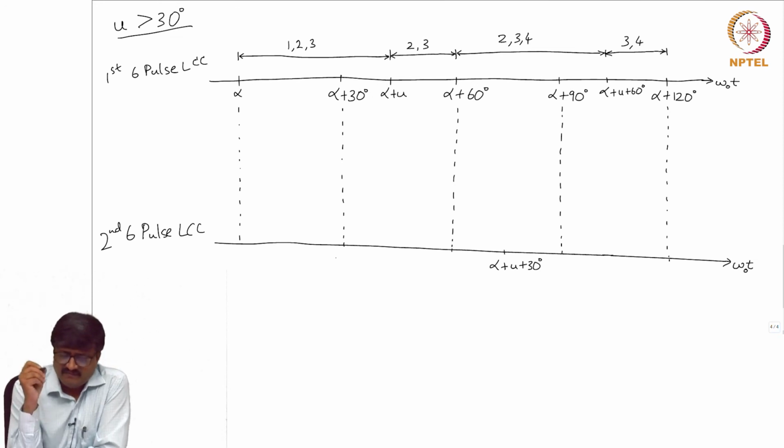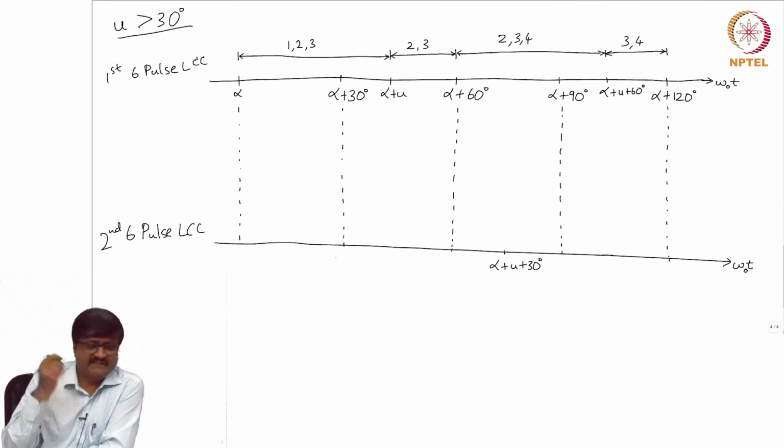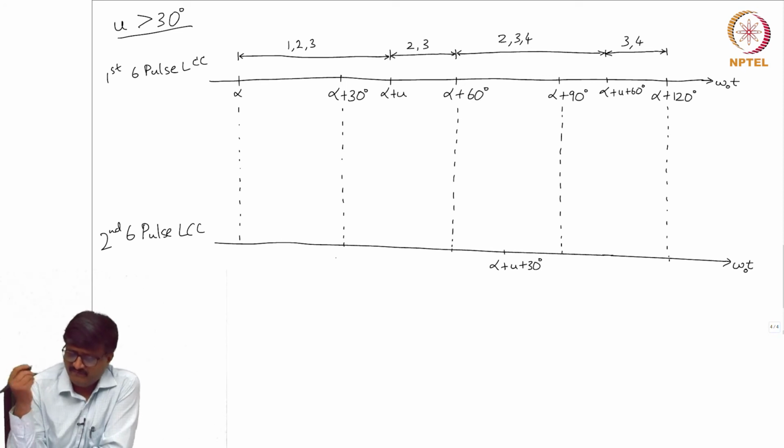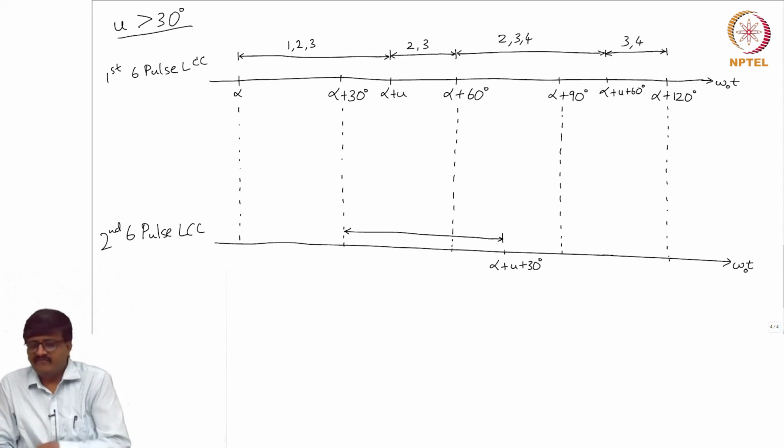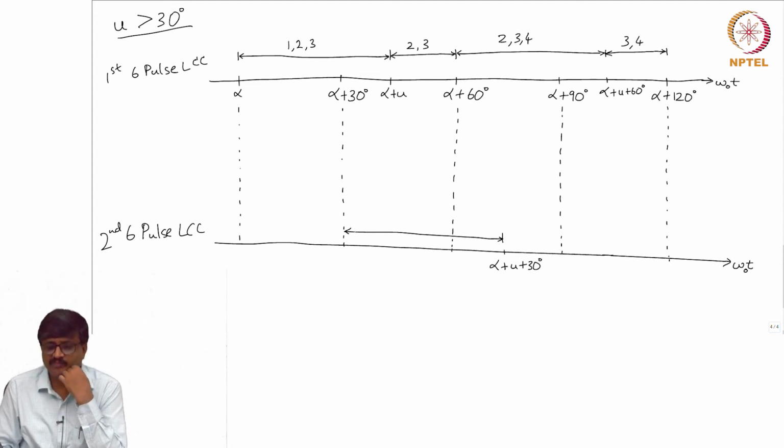So, from alpha plus 30, if I take the second 6 pulse LCC, so if I take this interval from alpha plus 30 to alpha plus u plus 30, what are the valves that conduct?